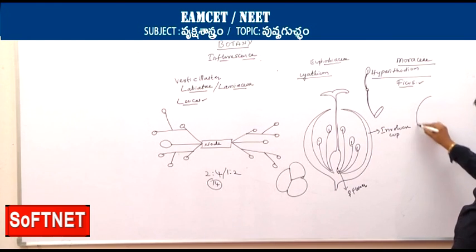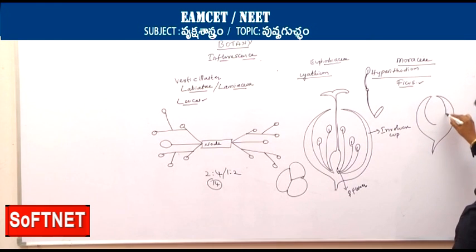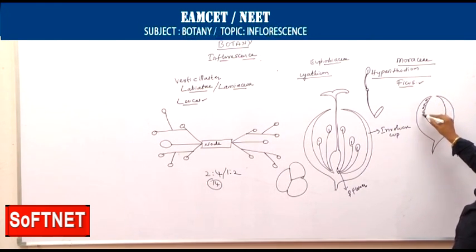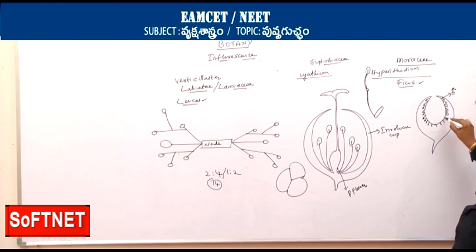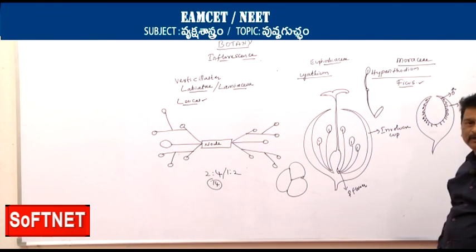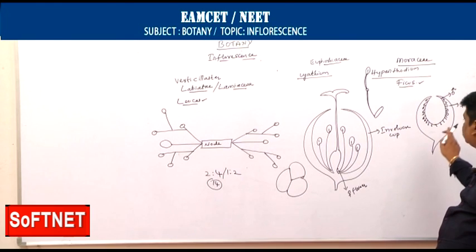In hypanthodium inflorescence, the peduncle is fleshy and pear-shaped. The upper side of the peduncle produces male flowers, and the lower side produces female flowers. Actually, female flowers are of 2 types, fertile female flowers and sterile female flowers. Sterile female flowers are called gall flowers.